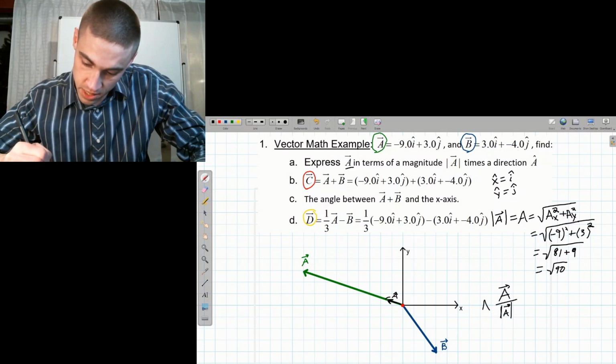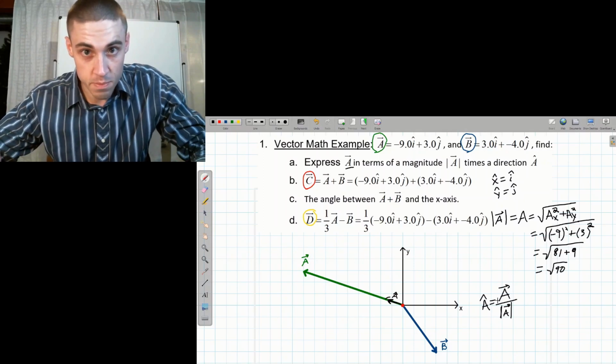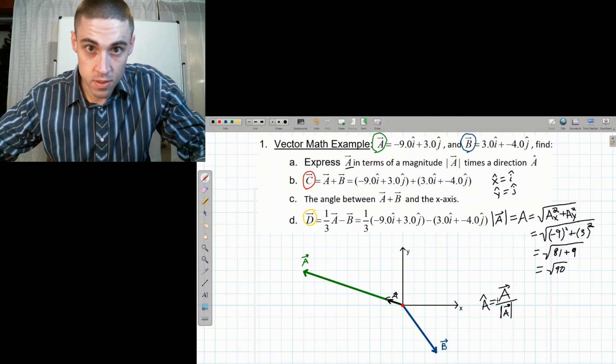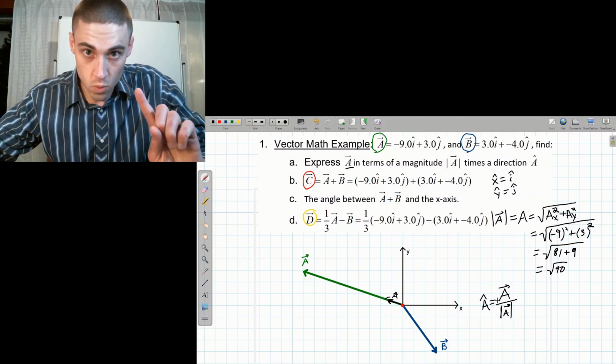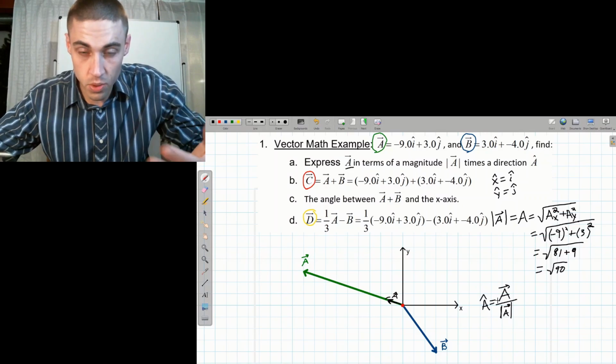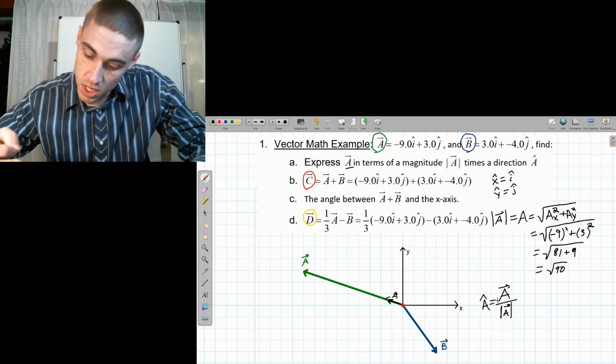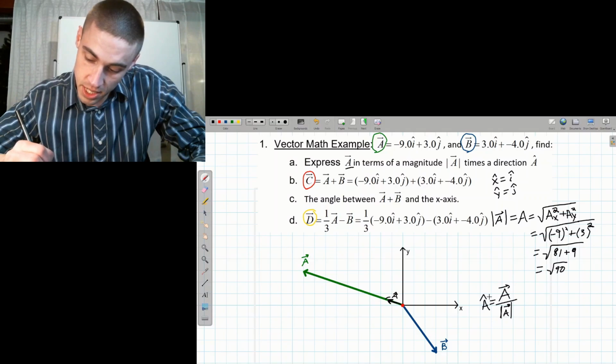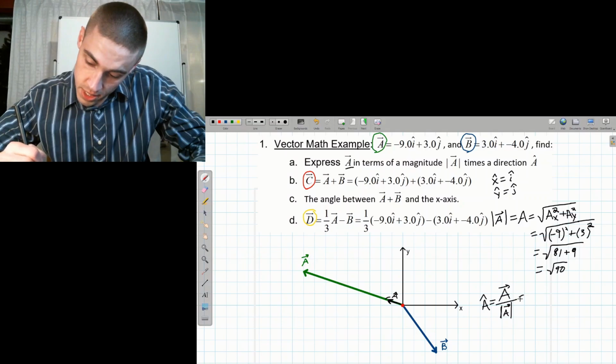So it's pretty easy, right? That should make sense to you. If I take a vector which has magnitude and direction, and I divide it by its magnitude, then the length of that vector should be 1. It'll still point in the same direction. So we use a hat to indicate the unit vector that points along the vector A. I already have the length of A, it's root 90.